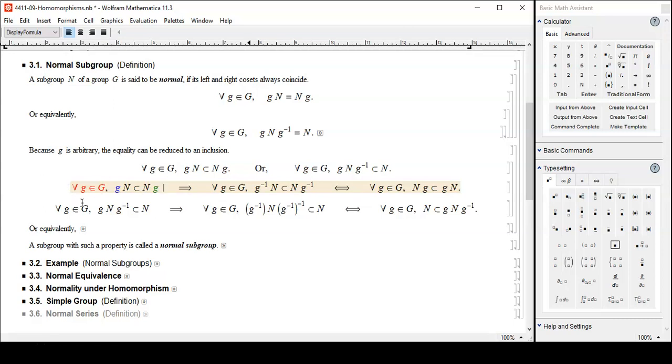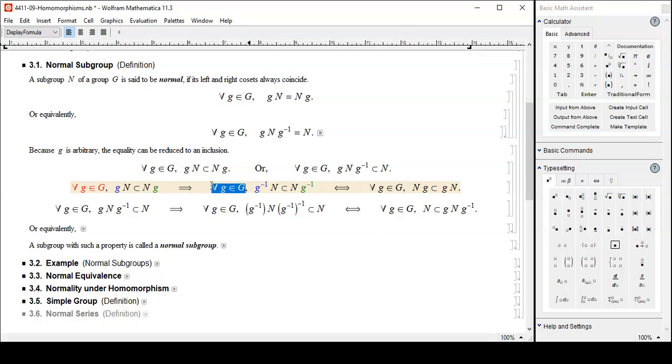It works for every element g of capital G. So it works for all elements, and that includes g inverse in particular. So let's take g inverse, and then let's replace g with g inverse here. g inverse is a member of G, so that also works.